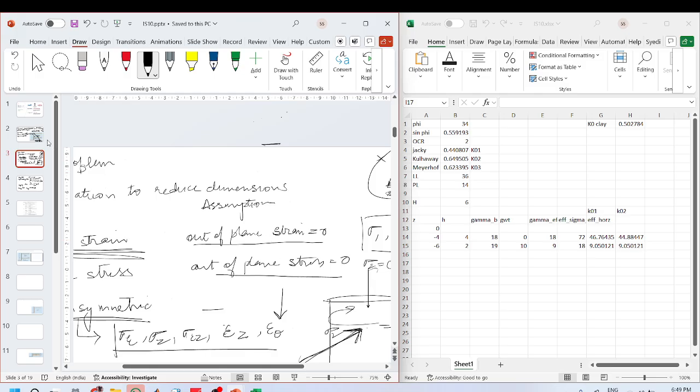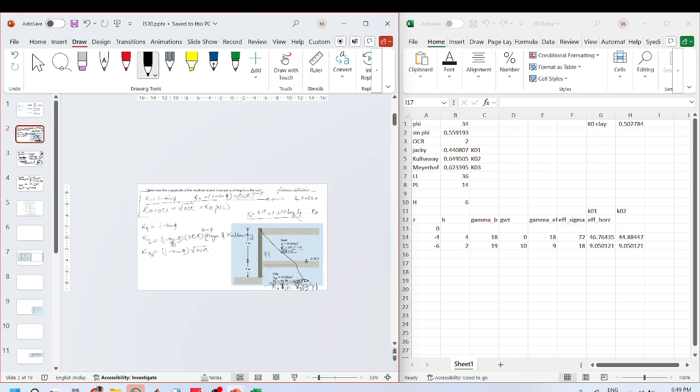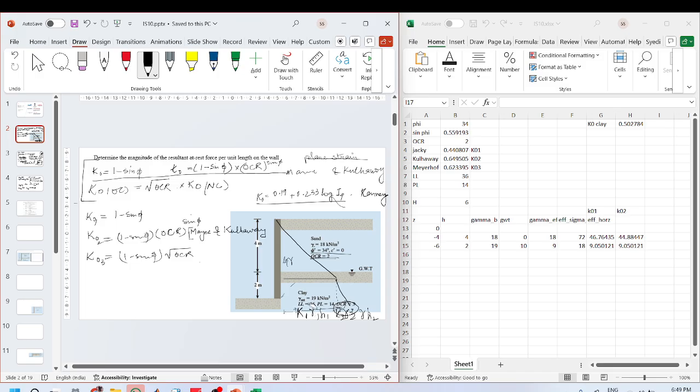We got to know the distribution here. We'll have 46.76 here, 9.05, and then we also have a water pressure here.